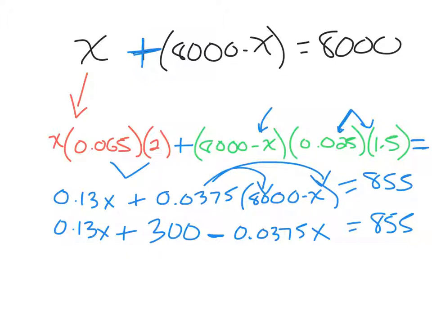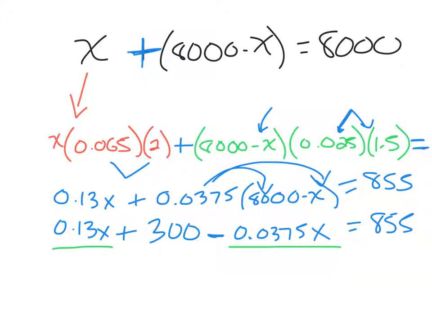I know it's a little bit different with such small decimals, but it's all very similar to what we've been doing so far with our linear equations, in that we simply just have to remove those parentheses. Now we're going to have to combine like terms. I can combine this 0.13x and this negative 0.0375x since they're both x's. So I'm going to go ahead and put those two together.